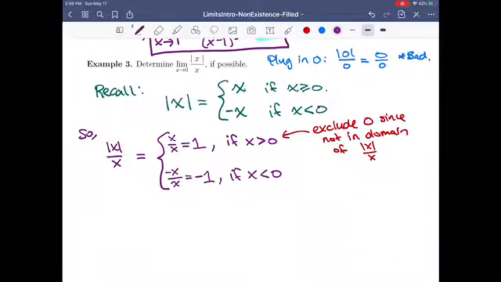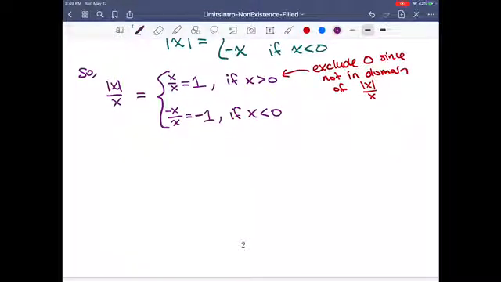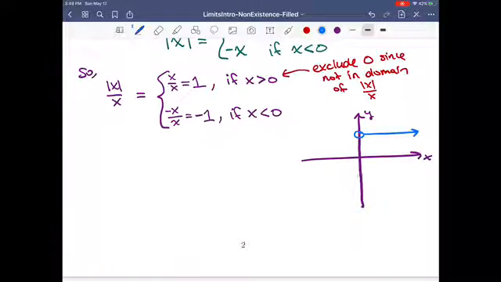So you can actually graph this. What it looks like is it's always 1 when you're bigger than 0, and it's always -1 when you're less than 0. And there's no point when x is 0.